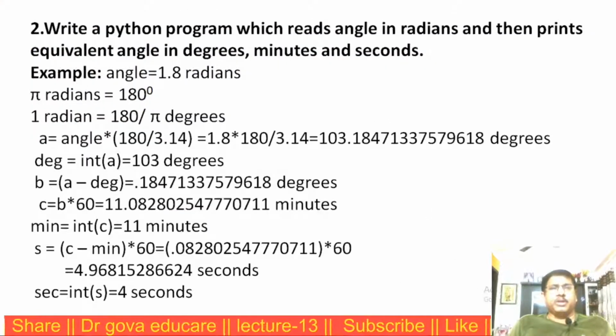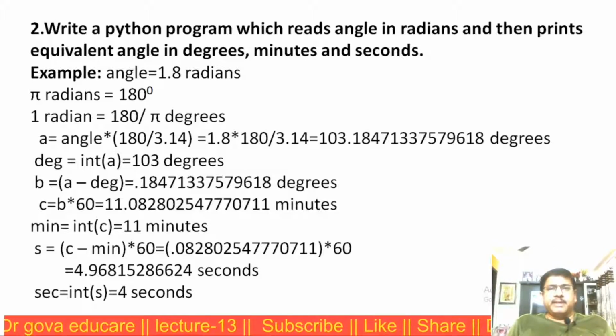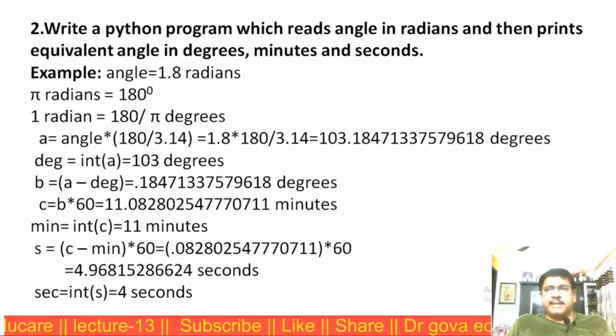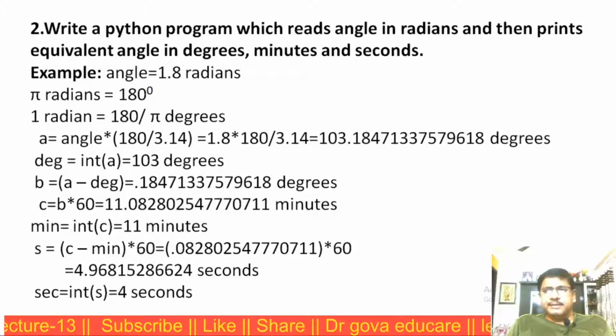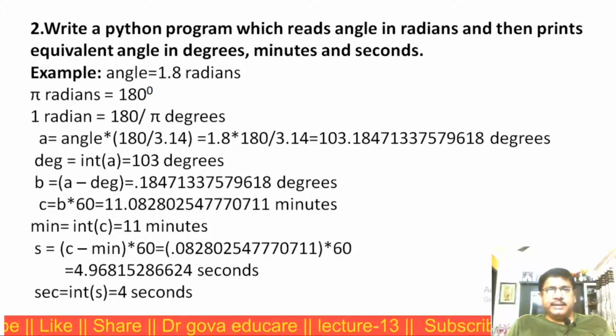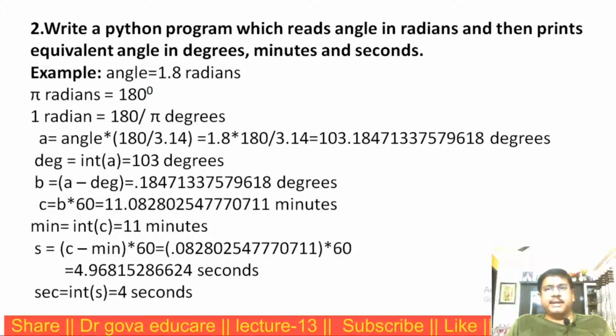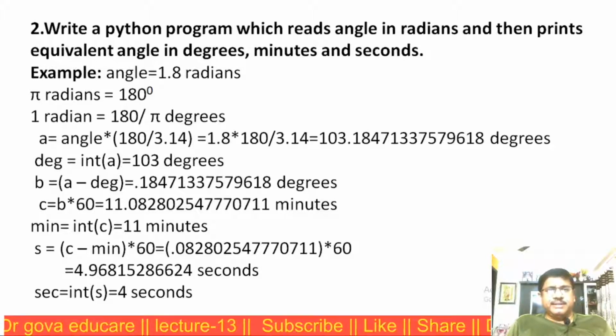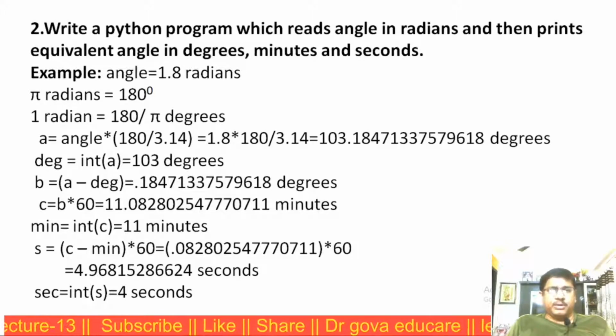Now the second program: write a Python program which reads an angle in radians and then prints the equivalent angle in degrees, minutes and seconds. Now this is exactly the reverse of the above program.